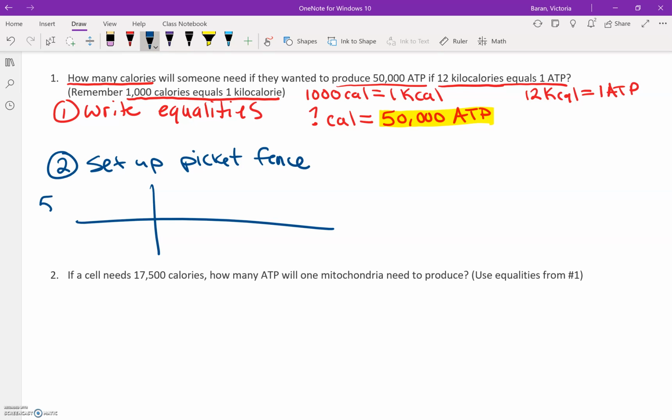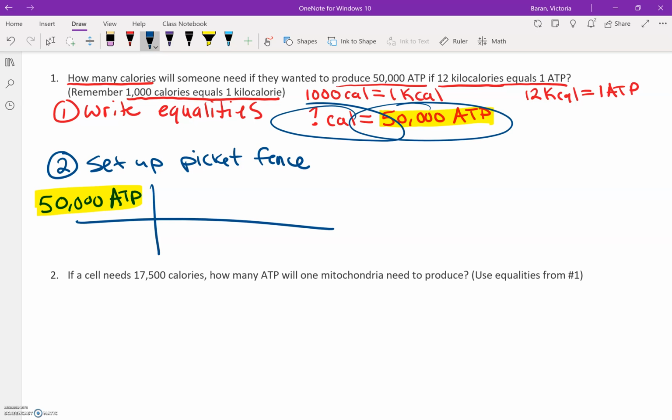That 50,000 ATP, don't forget to write your units, is what you are going to start with. Whatever the question mark is equal to. You're trying to take this and convert it into the answer, which is question mark kcal. Below that, we don't put anything here, just leave it empty.